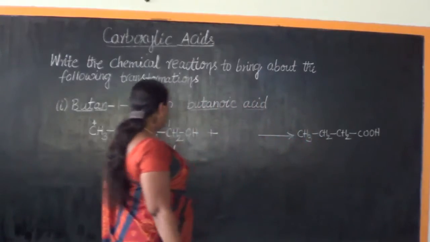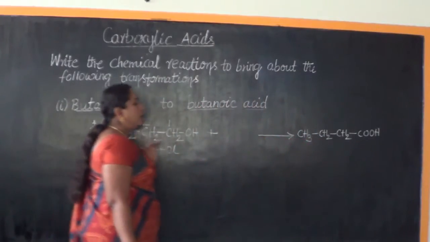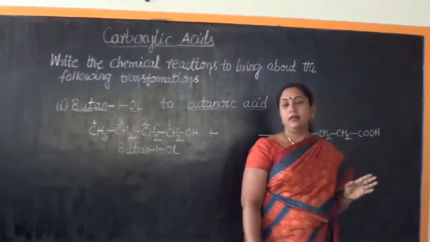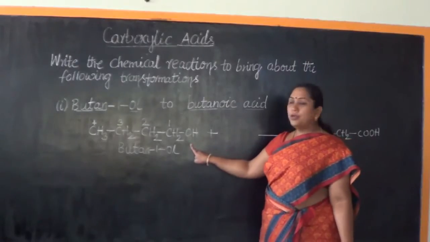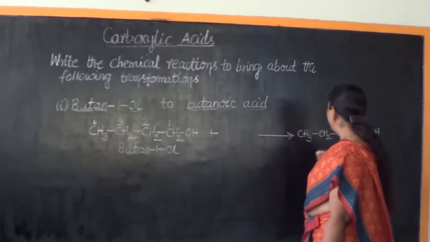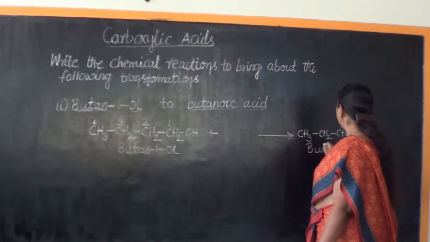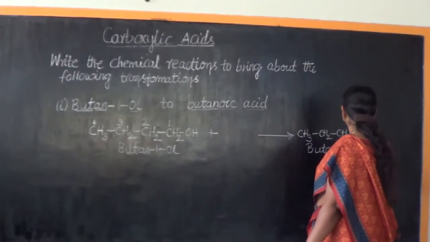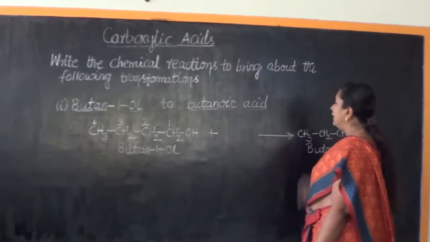So think now, this is our starting material, this is the product required. So what can be done to this so that we will be able to convert this butanol into butanoic acid? What is to be removed? What has to be put? This is the point of our focus.